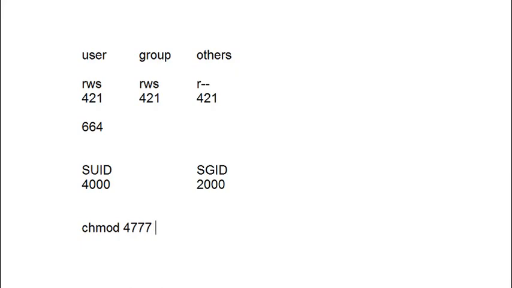And, of course, the name of the file. And to set SGID, just add 2,000. And then if you want to set them both together, you can just change that to 6,000. So it's going to be 4,000 plus 2,000, and that will make 6,000. That will set both your SUID and the SGID together, okay?